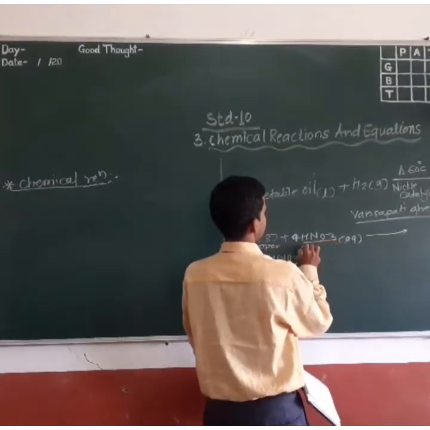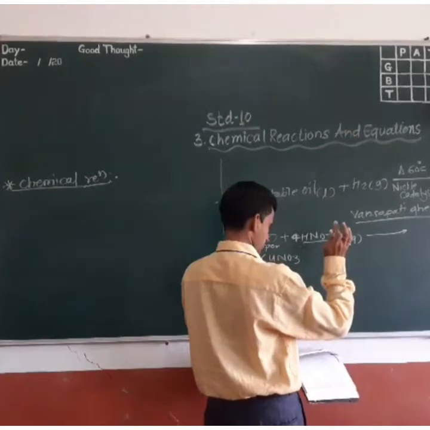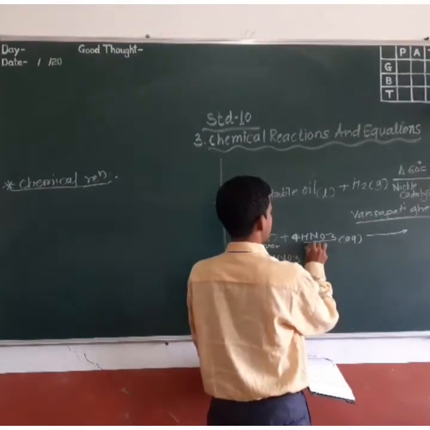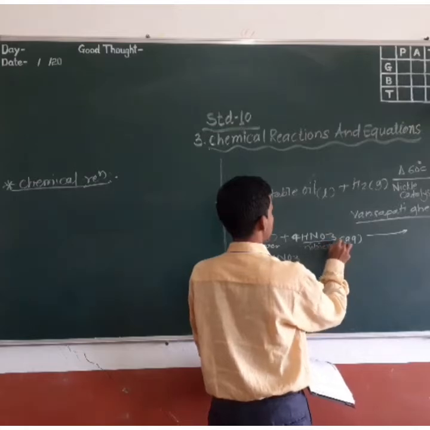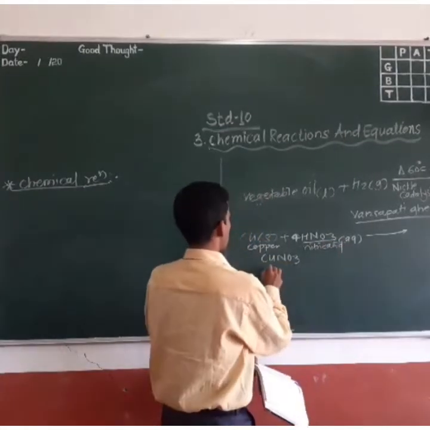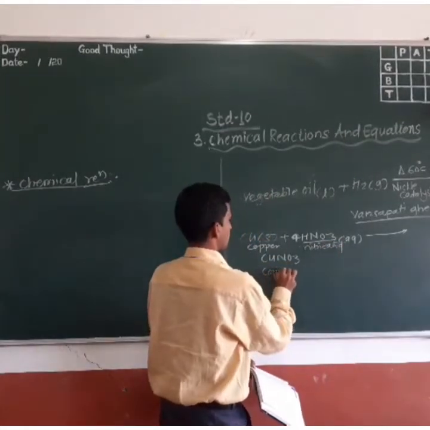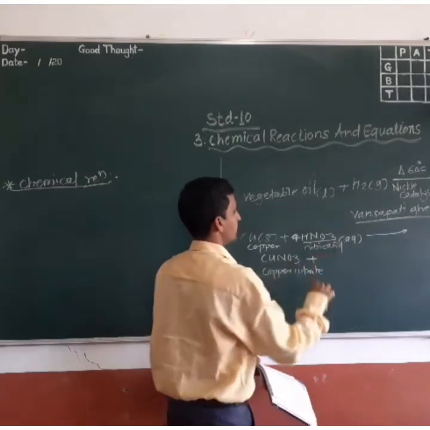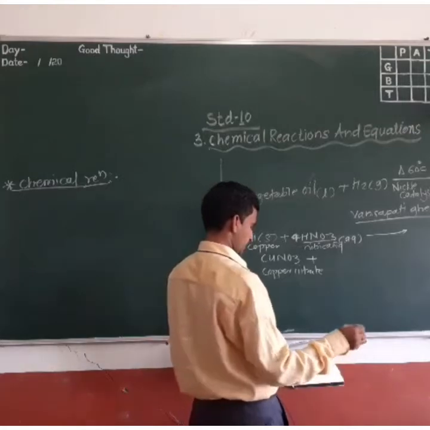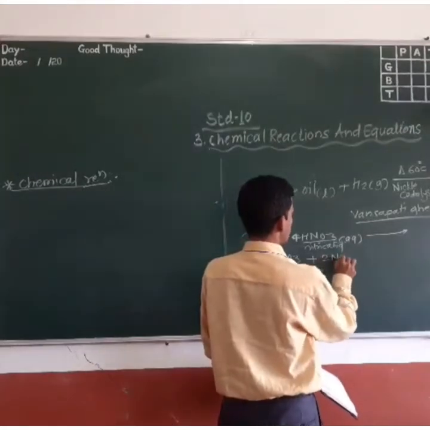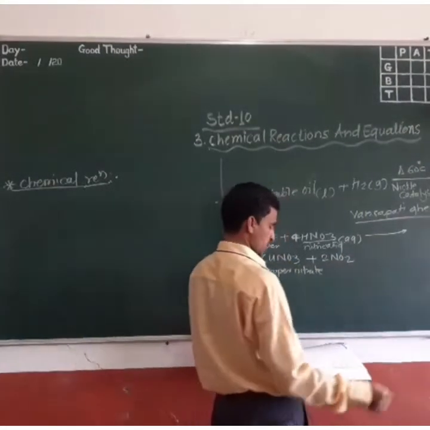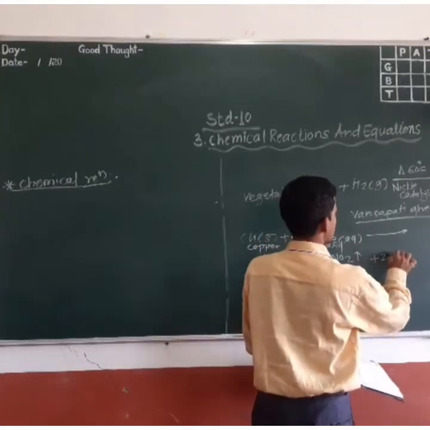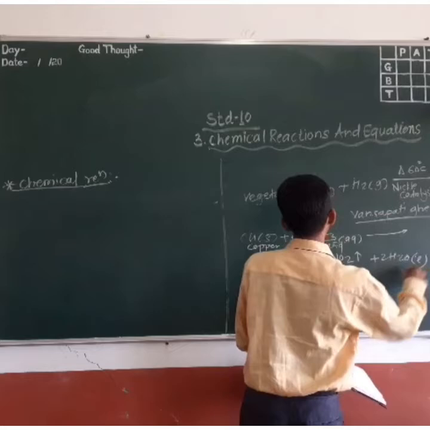Nitric acid, HNO3, copper nitrate, plus twice NO2, nitrogen dioxide, which is evolved, plus twice H2O is the reaction.